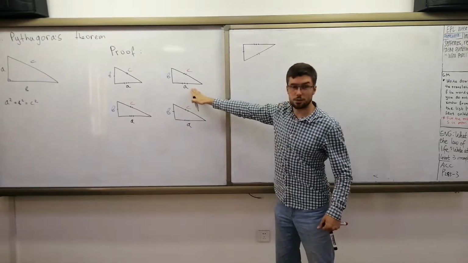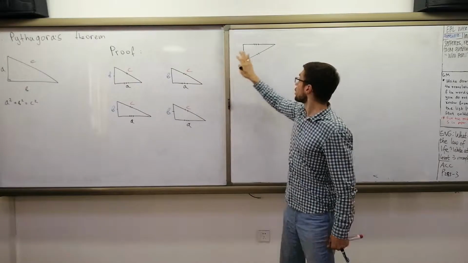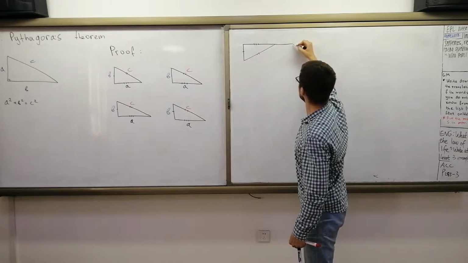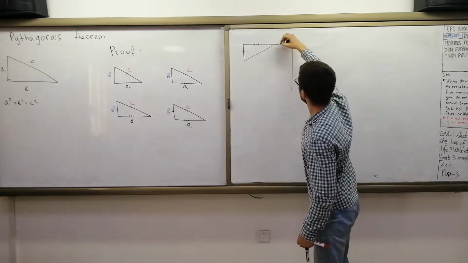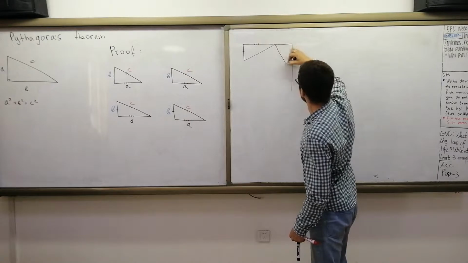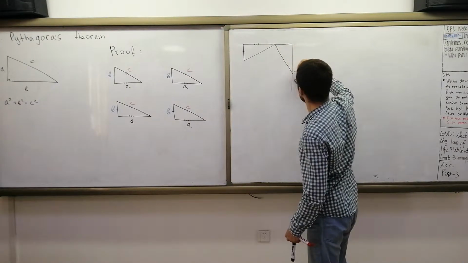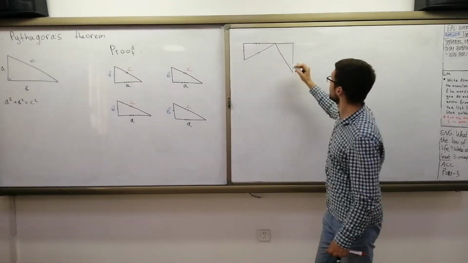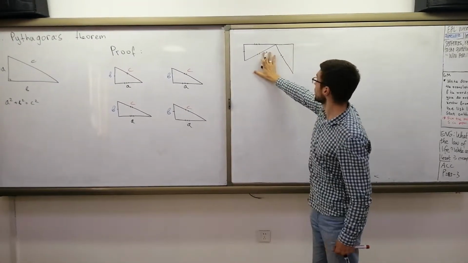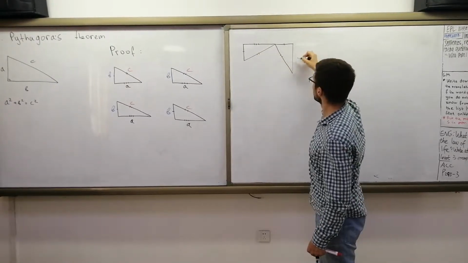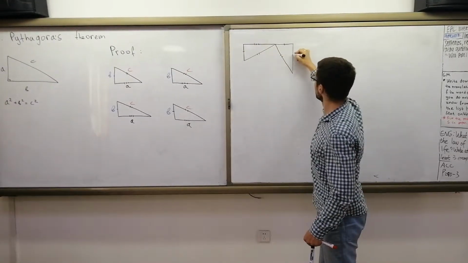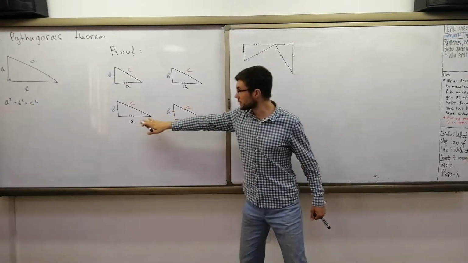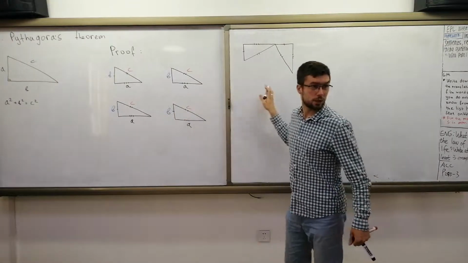Now I'll take my second triangle, but I'm gonna locate him in a different way. I'm gonna locate him here. Here it is. Okay, that's my second triangle. So this side is equal to that side. Now this one is equal to this one, and that side is equal to this side, right? Now I'm going to take my third triangle and locate him in a different way.